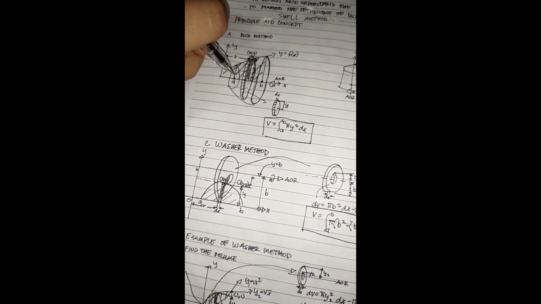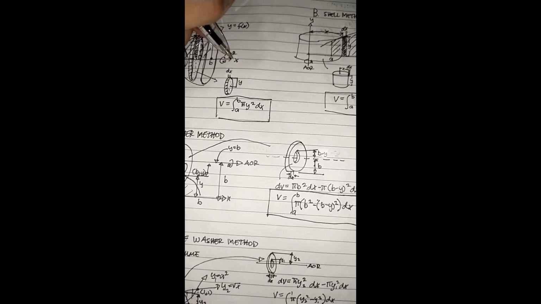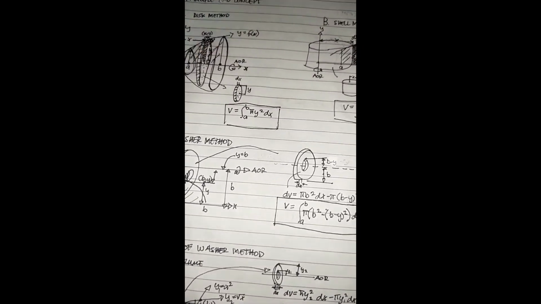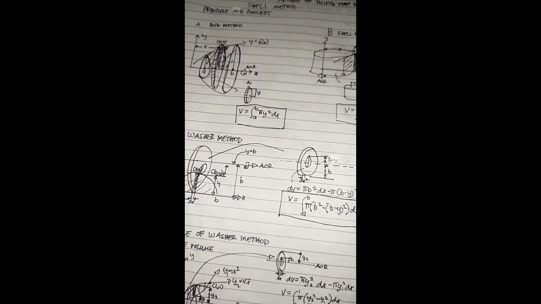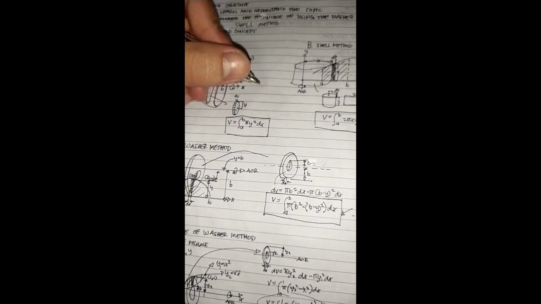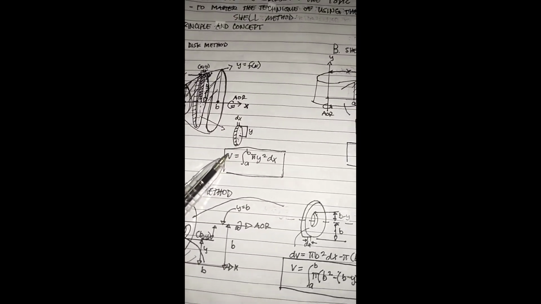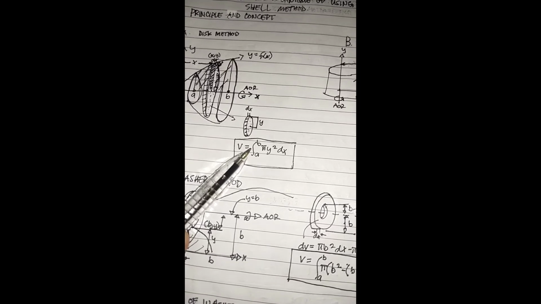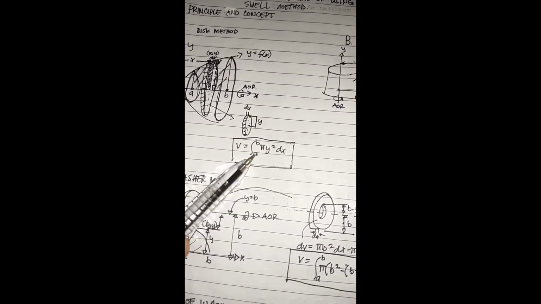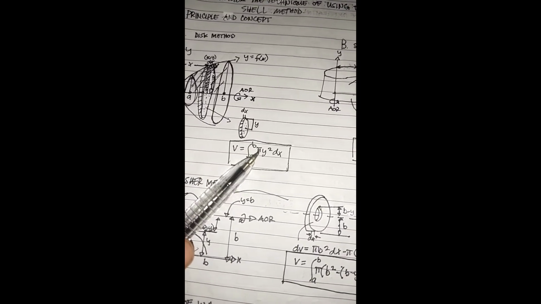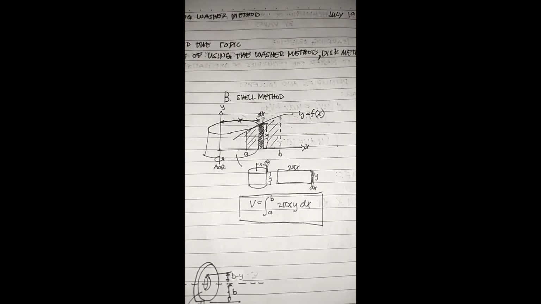This is our graph. Then in the x-axis we have AOR. So the formula in this method is v is equals to the integral from a to b pi y squared dx.